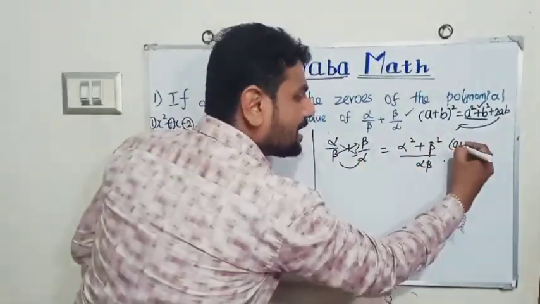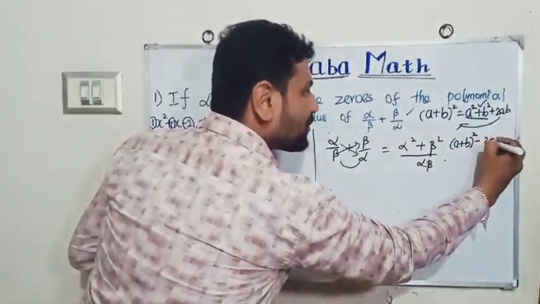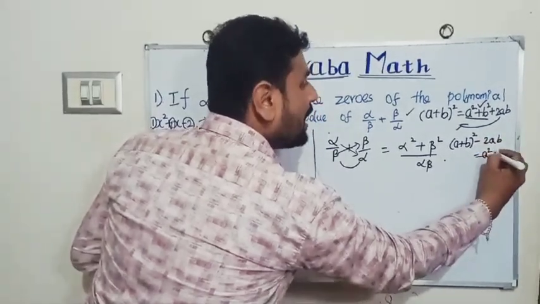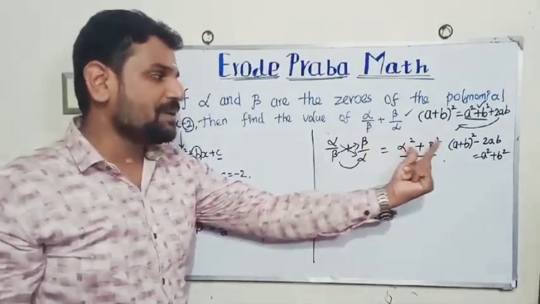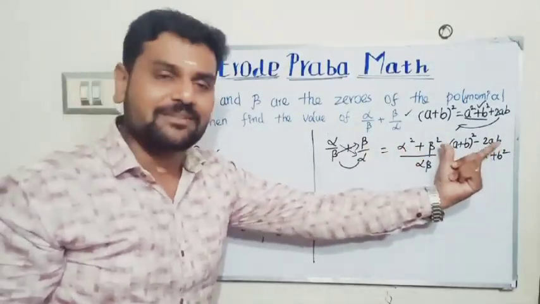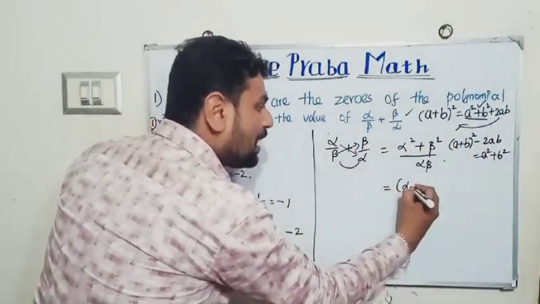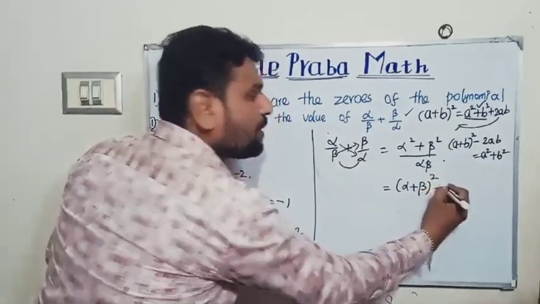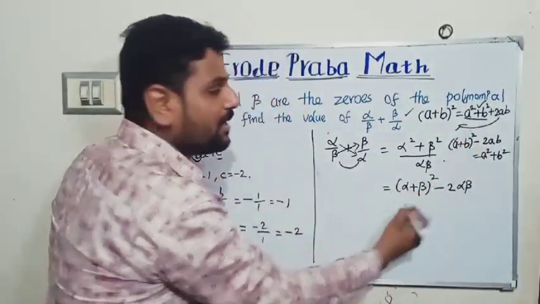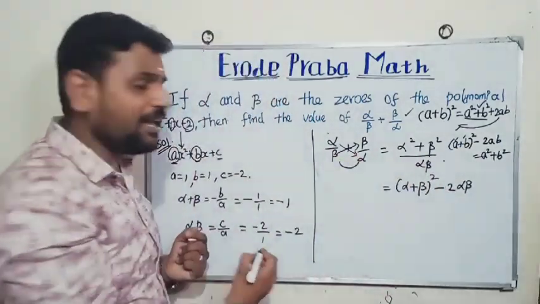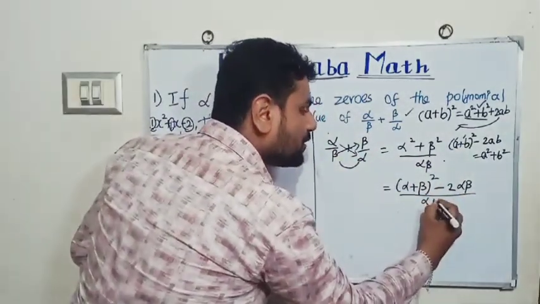So a plus b the whole square minus 2ab is equal to a square plus b square. So instead of alpha square plus beta square, we can apply this format: alpha plus beta the whole square minus 2 alpha beta, instead of a alpha, instead of b beta, divided by alpha into beta.